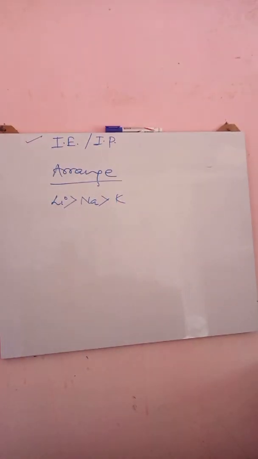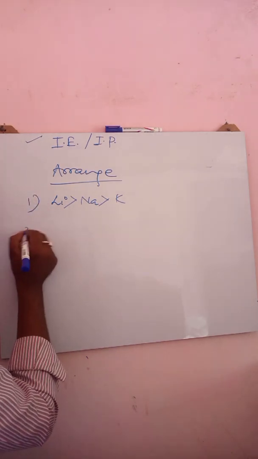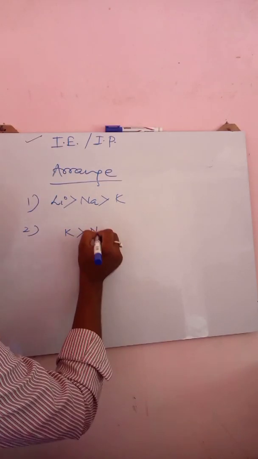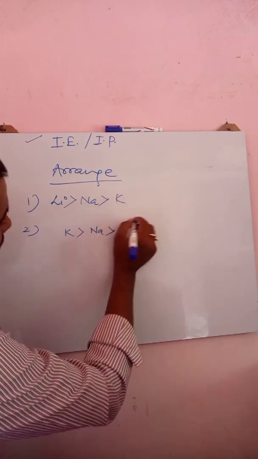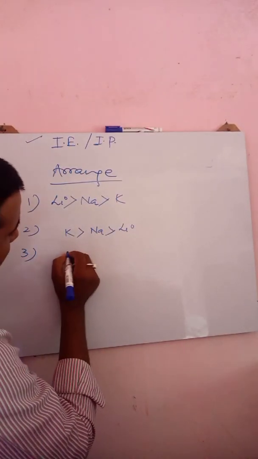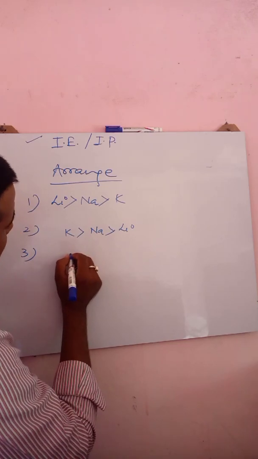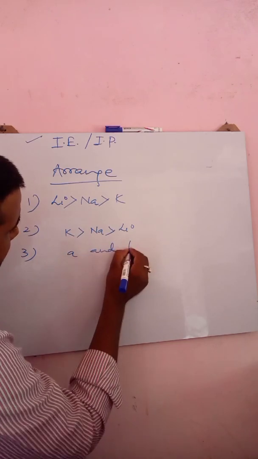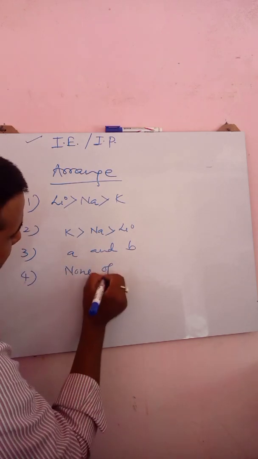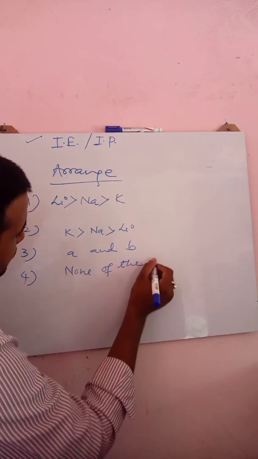I am talking about the ionization enthalpy trend. Second option: potassium is greater than sodium is greater than lithium. Third will be A and B both. Fourth one will be none of the above. You have to choose the correct one.